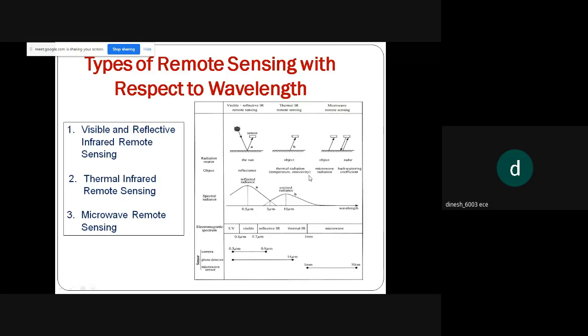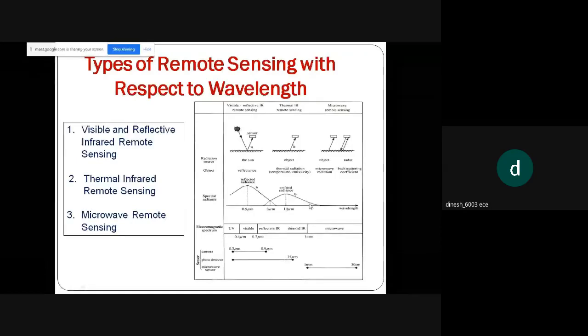So the emission of photons, or emission of energy or radiation, is measured as an emitted radiance at 10 micrometer, of object B. It uses the electromagnetic spectrum in the thermal infrared range, and a photo detector is used for sensing.